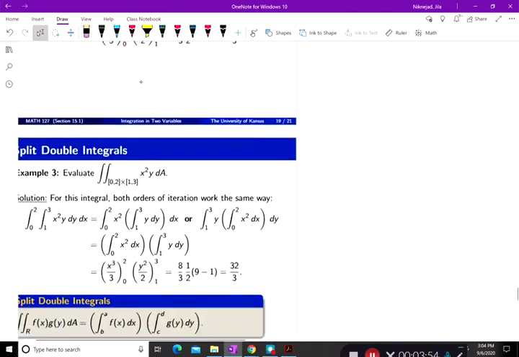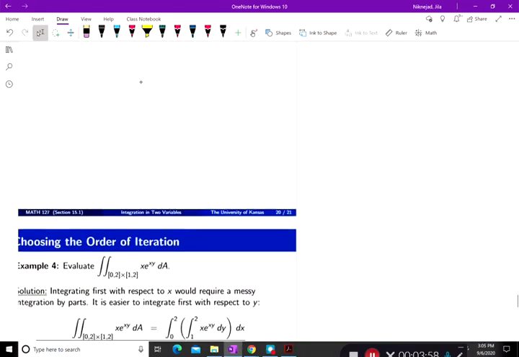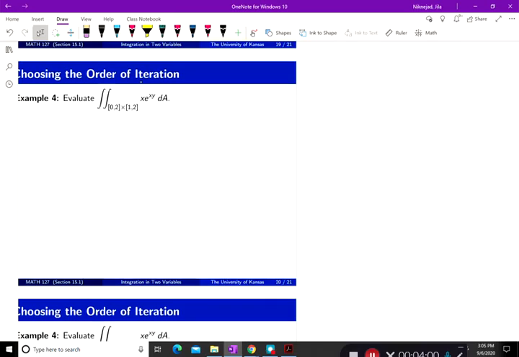So let's do one example of when it actually changes the situation if you do it one way or the other. Let's set up both ways for this integral. One way with dx and dy, x from 0 to 2, y from 1 to 2.